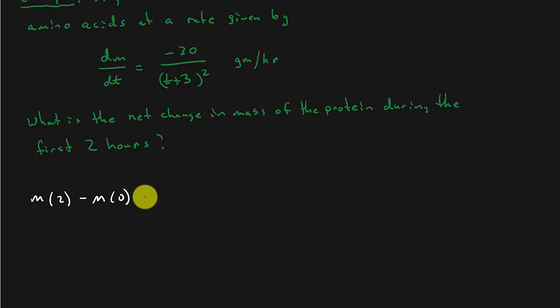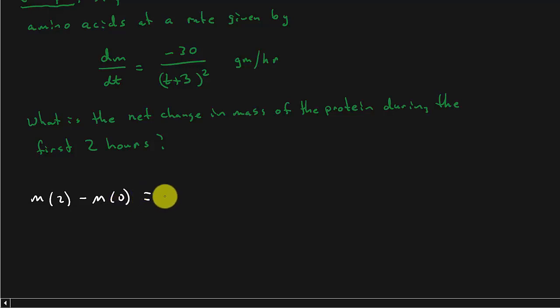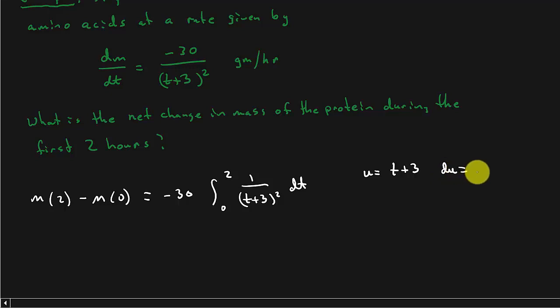And so that's going to be -30. I'm bringing the -30 out. The integral from 0 to 2 of 1 over (t plus 3) squared dt. All right, so let's make a substitution. u equals t plus 3, du is dt.